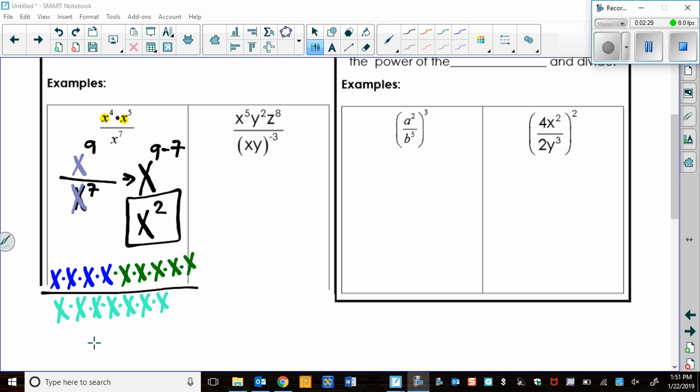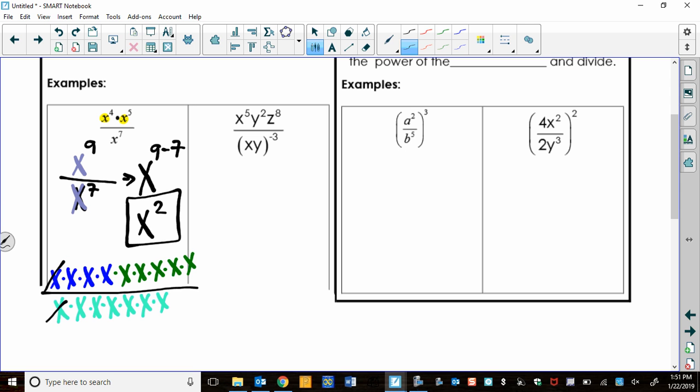If you have the same letter in the numerator and the denominator, you can basically cross them off, because x divided by x gives you 1. So if I cancel this, I have to cancel that one. The leftover is going to be my answer. So after canceling the numerators against the denominators, I get x times x, which is really x squared, which I got. So that's where the rule is coming from.